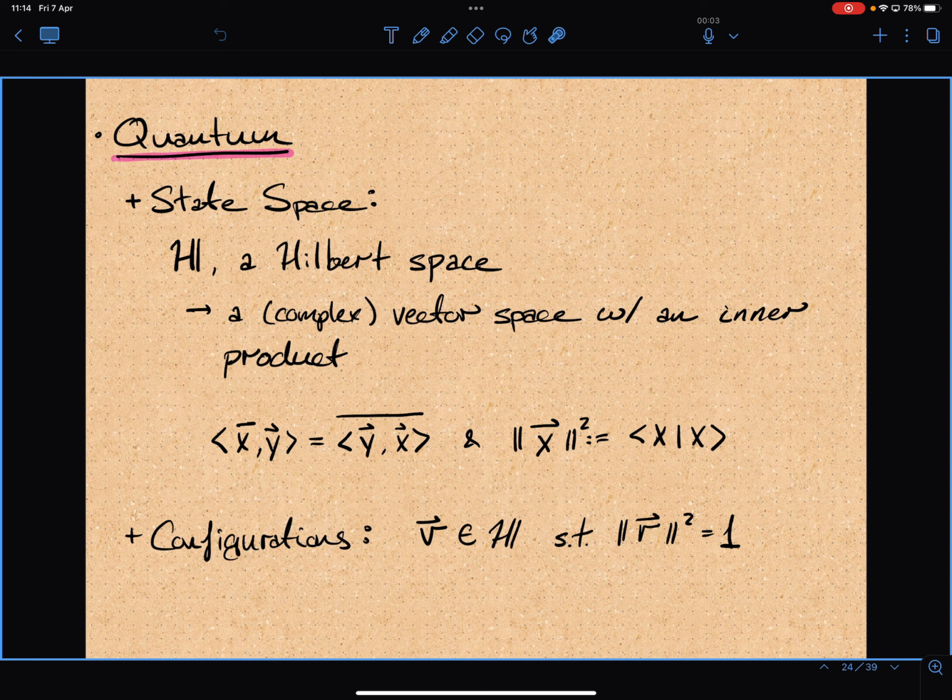If we went originally with just R3 and regular space, the dimension of the Hilbert space in that case is going to be infinite, and even trying to describe configurations gets a little bit tricky. But it's possible to work with finite dimensional Hilbert spaces where the linear algebra is just the basic linear algebra.